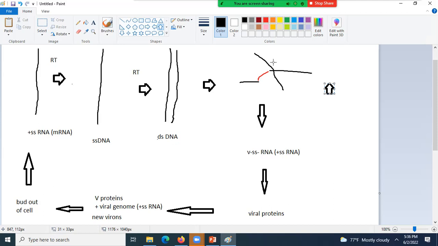Like AIDS, for example. Theoretically, this could happen, but the virus is much more likely to replicate by budding. And I'd have to think about a virus to think of one that might replicate when the cell replicates.